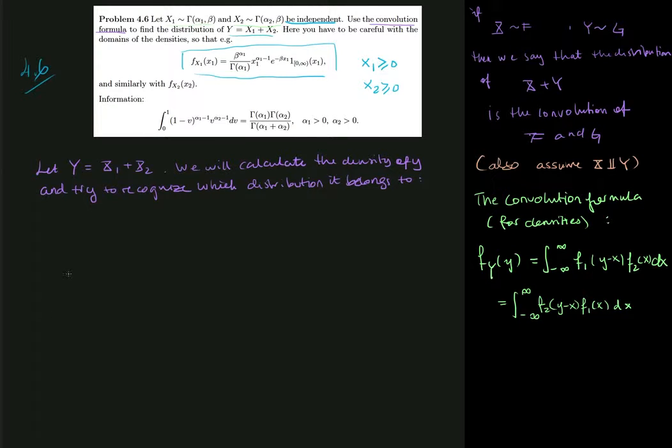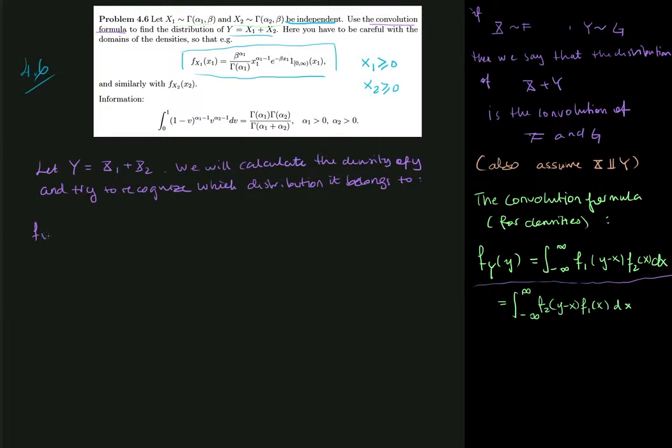Okay, so convolution formula, go. We will just use the first line here of the convolution formula. You might note that in the book they use x here and then they integrate with respect to y. The reason why I use y here is because our y is the sum of x1 and x2. So it's just a matter of which names we give the variables.